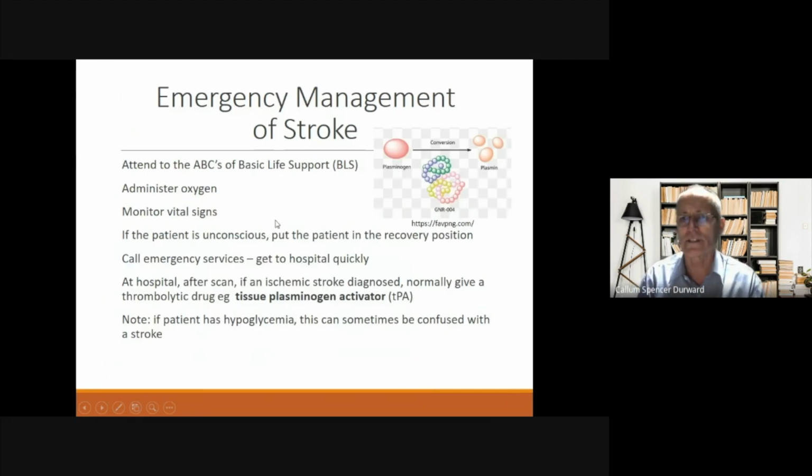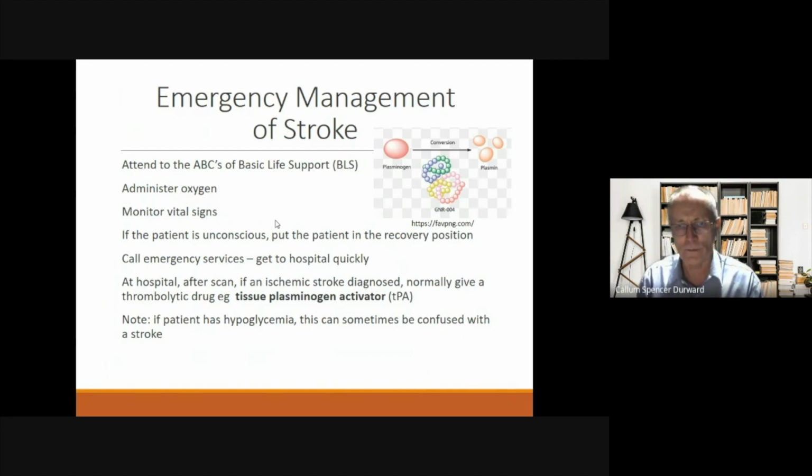If a patient has had a stroke in the dental clinic, take care of the ABCs, the airway, breathing, and circulation. Administer oxygen. Monitor their vital signs. If the patient is unconscious, put them in the recovery position. Call emergency services and get them to the hospital.